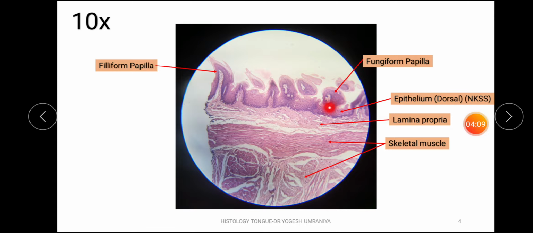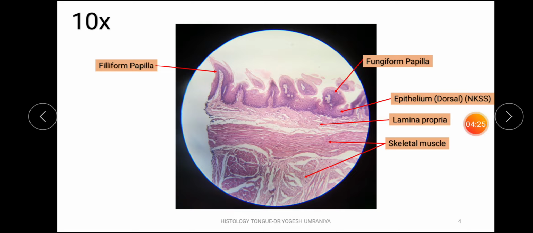Now this is the fungiform papillae, that is the mushroom shaped area on the epithelium. On this fungiform papillae, on the top surface you will find the taste buds.